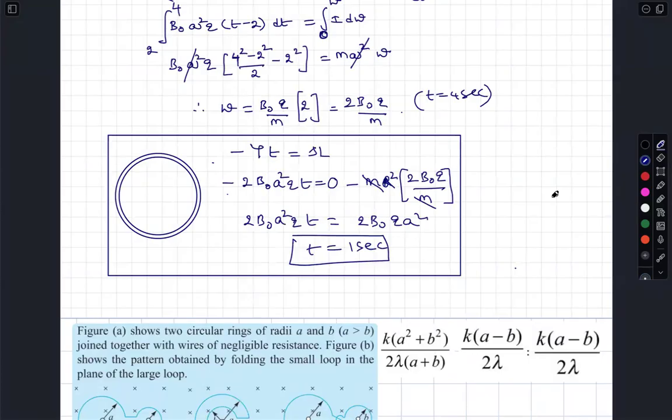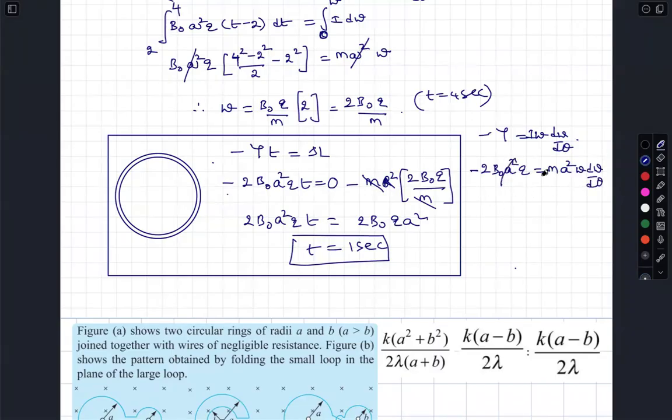Right. You want the angle rotated? Oh, no issues. Even now also torque is constant. Torque can be written as I omega d omega by d theta. Use this: minus 2B naught a square q is m a square omega d omega by d theta.